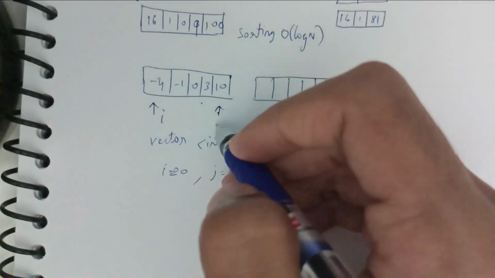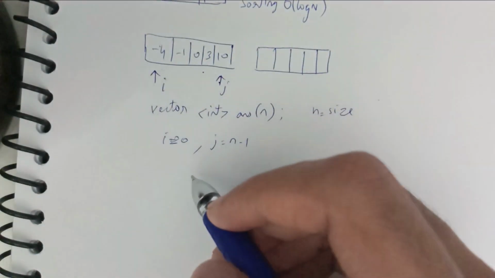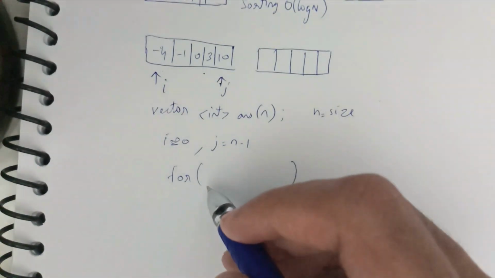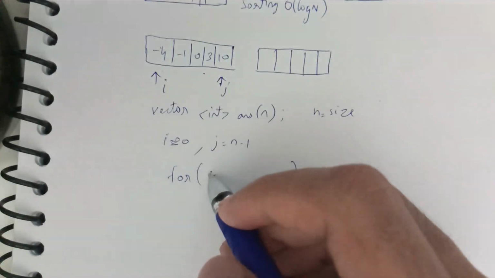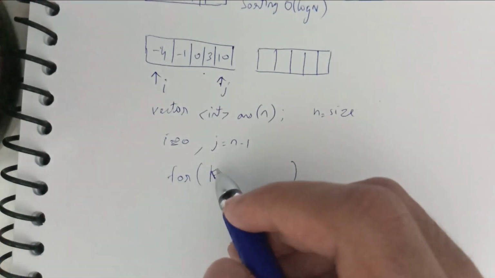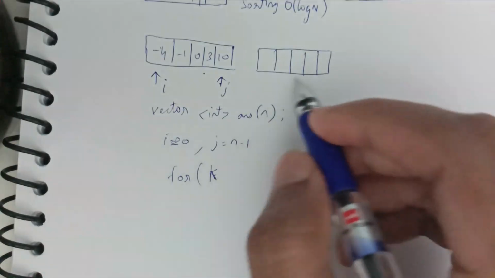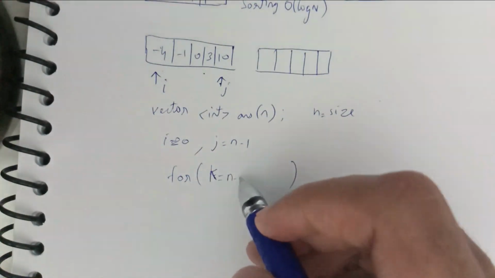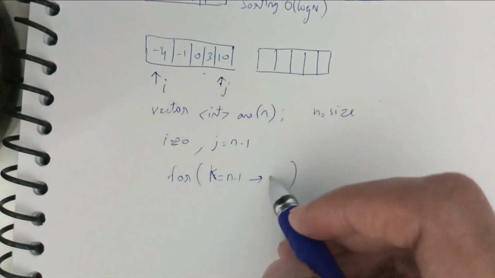So this is i, this is j. Now we run a for loop with some variable k, for this new array, so k is equal to n minus 1 down to 0.